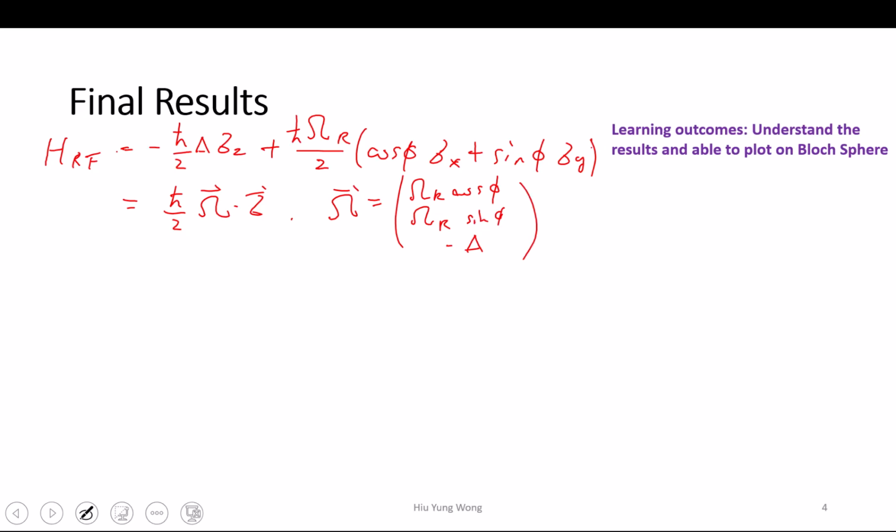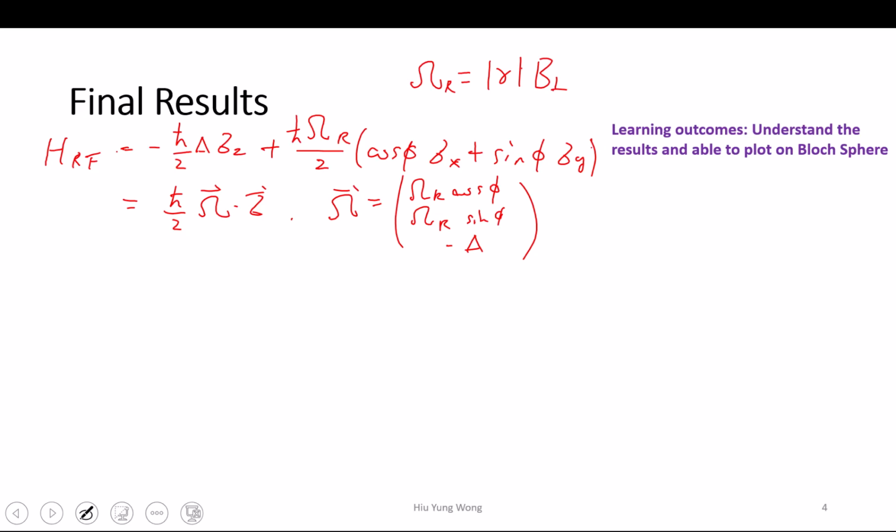Question: can you remind us what omega R is? Yes, omega R is the effective Rabi frequency due to this perpendicular magnetic field. So omega R was defined as the gyromagnetic ratio times B perpendicular.